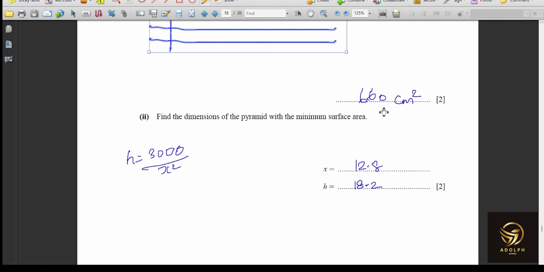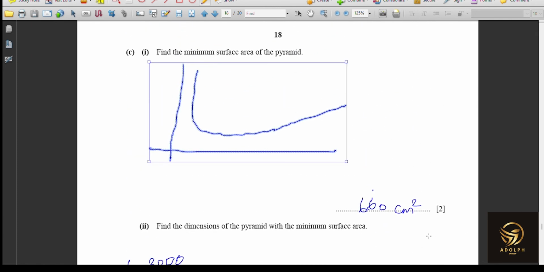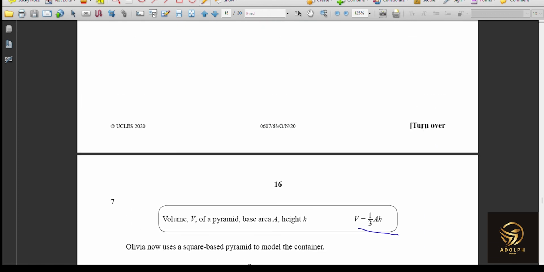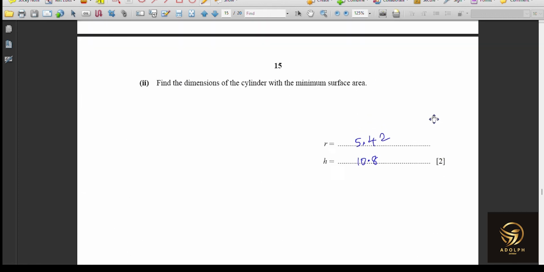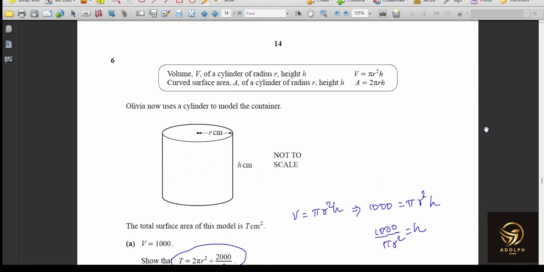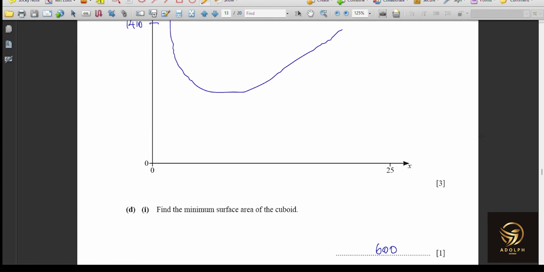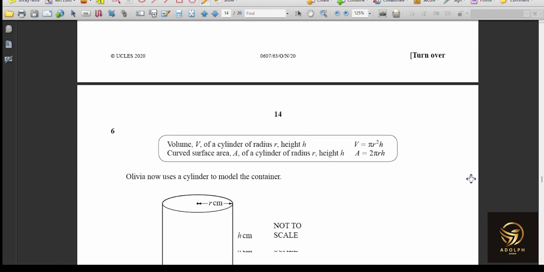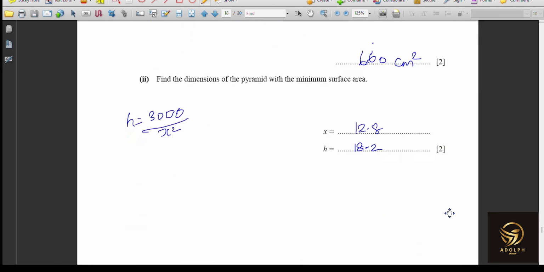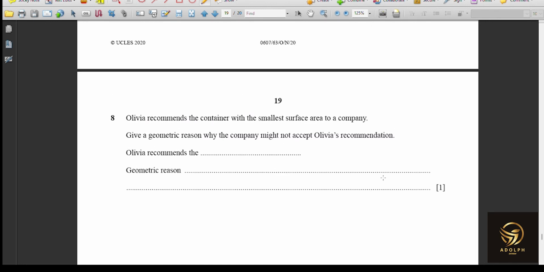Let's check here. 660 is the surface area, and here we got 554, so yeah, lesser than before, and here 600. So yes, obviously we found that Olivia has selected that answer as the cylinder.